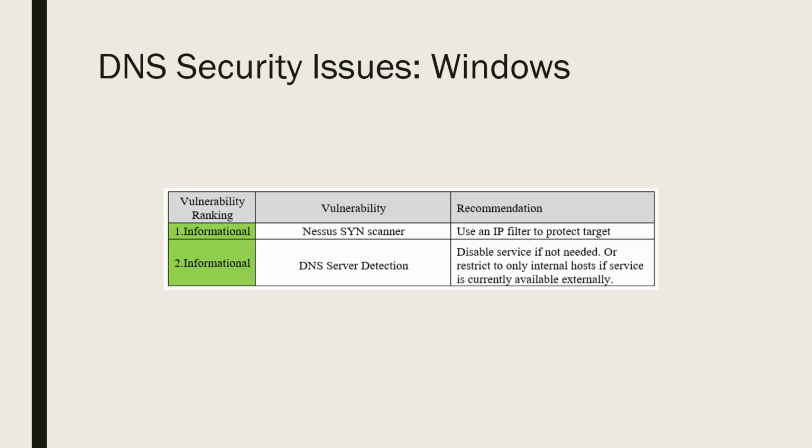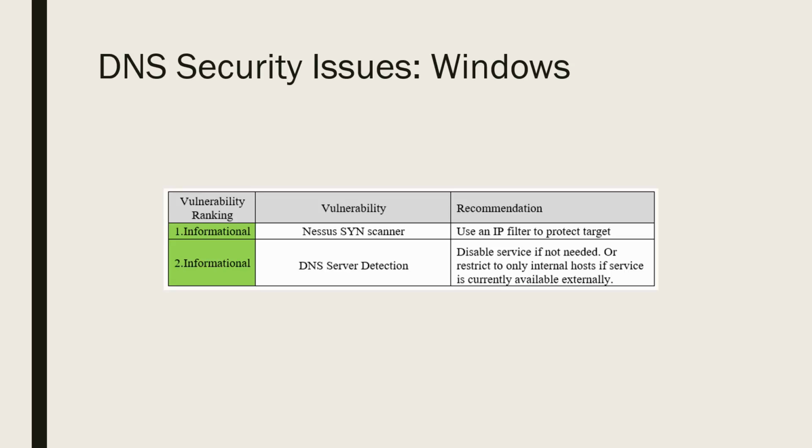DNS for Windows. So you see that the Nessus scan or an SYN scanner is the first one. Already went over that. The second one is the DNS server detection. A DNS server provides a mapping between the IP addresses and host names.